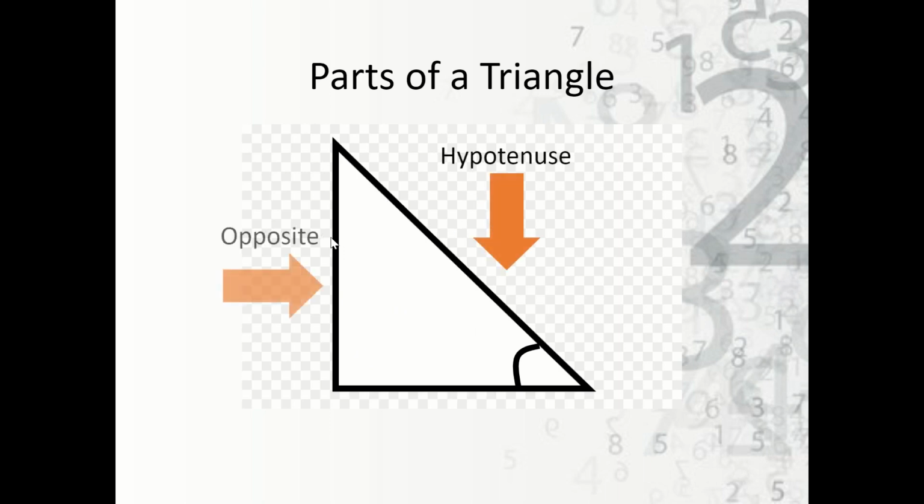Each of the other 2 sides we call legs. If we're looking at this angle here, the side opposite of where this angle is located is the opposite. If we drew an arrow from it, it would go straight to this side. The side right next to it we call the adjacent side. So we have hypotenuse, opposite, and adjacent.